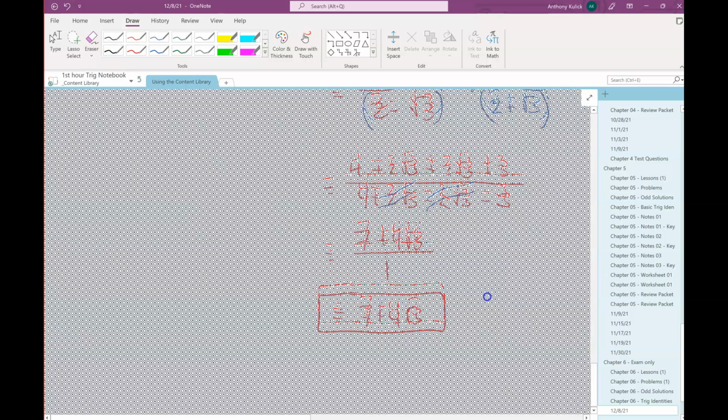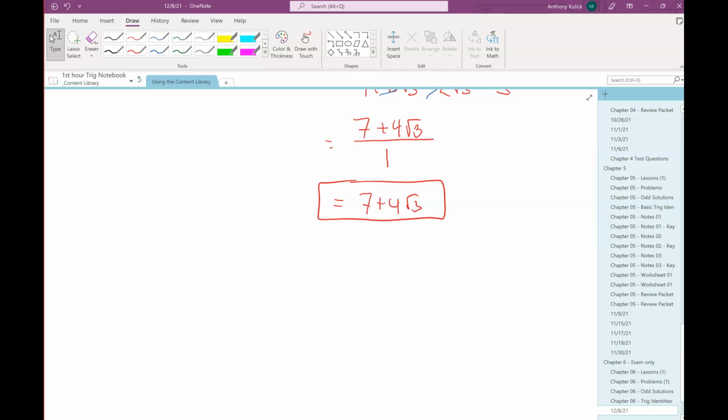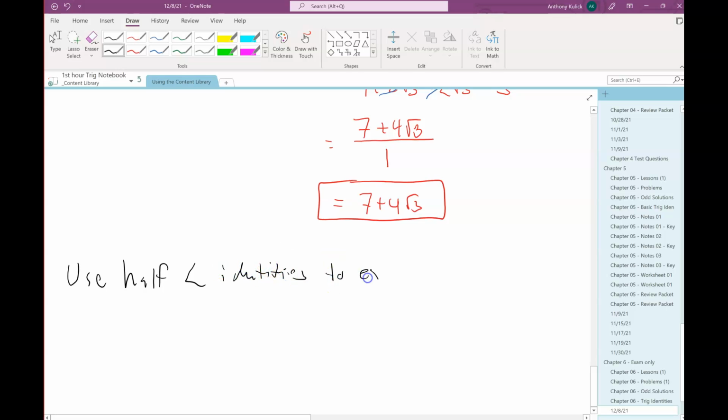Okay. And the next set of identities we'll talk about are the half angles. So let's say we have cosine of 22.5 degrees.